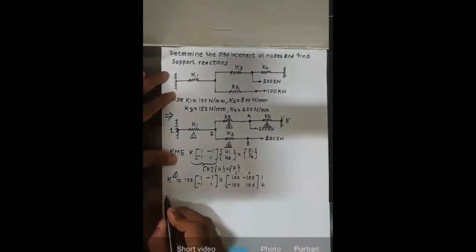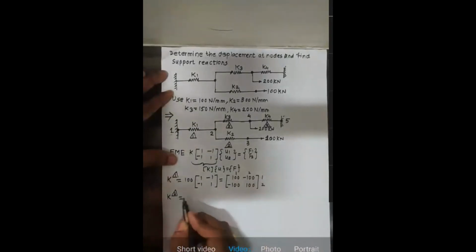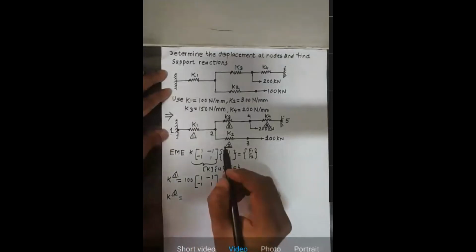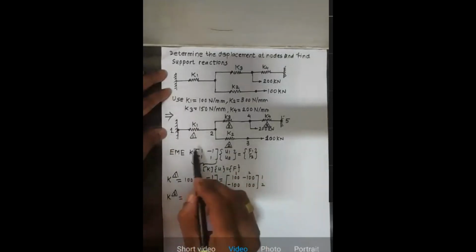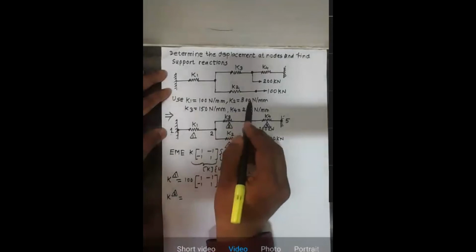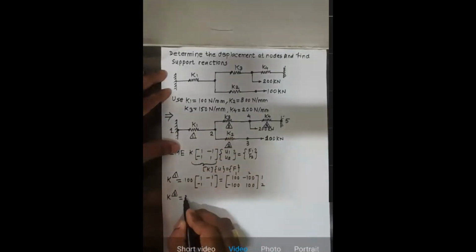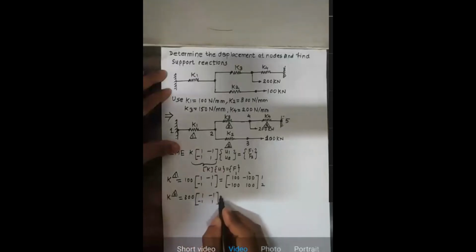Now we need to go for the stiffness matrix of element number 2. Again the stiffness of element number 2 is 300, so this is written as 300 into [1 -1; -1 1].